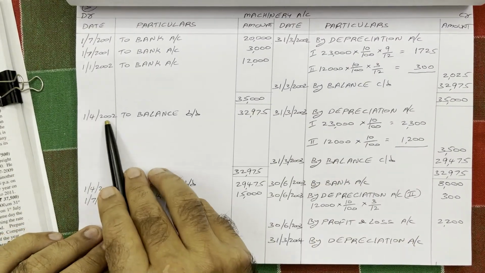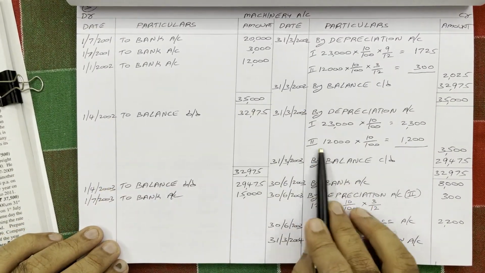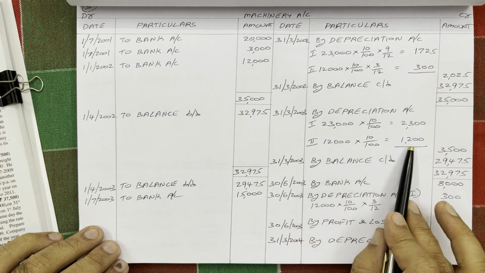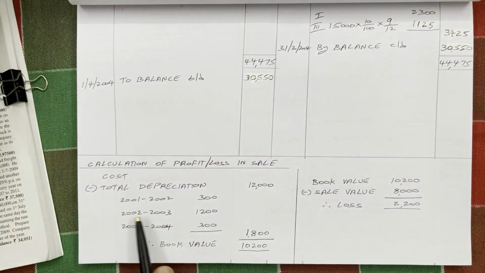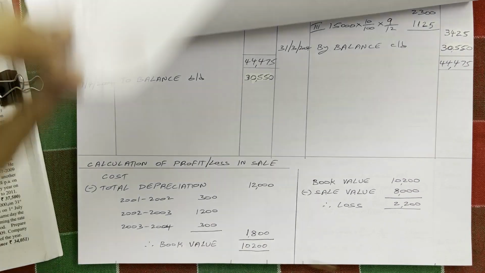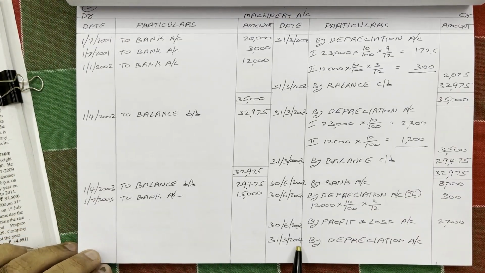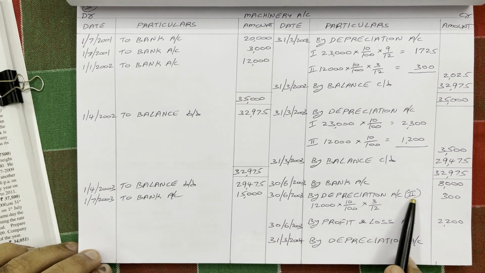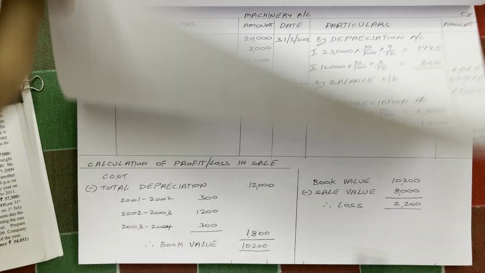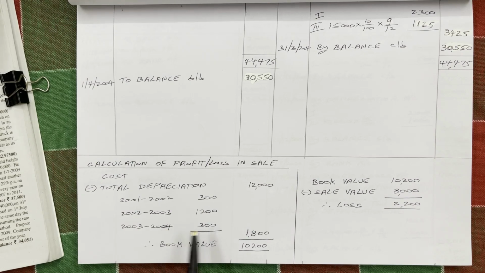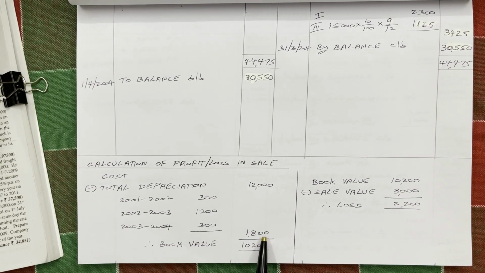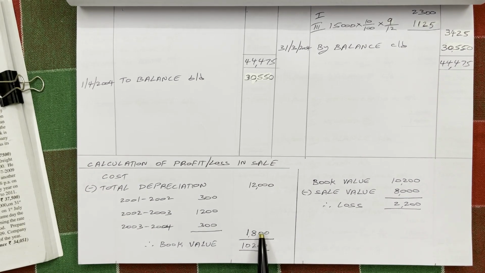Second year is 2002, 2003. Second asset depreciation is available in inner column 1200. So 2002, 2003, 1200. Third year 2003, 2004, and depreciation on second asset is available here 300. So 2003, 2004, 300. These three amounts total in outer column 1800. So cost of the asset minus total depreciation is equal to 10,200.